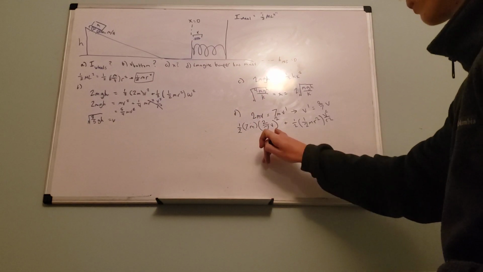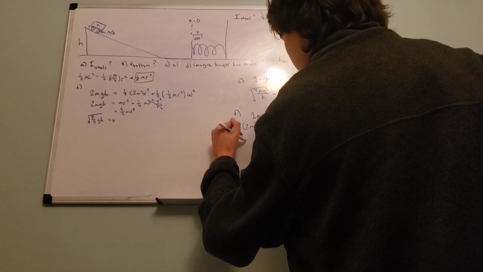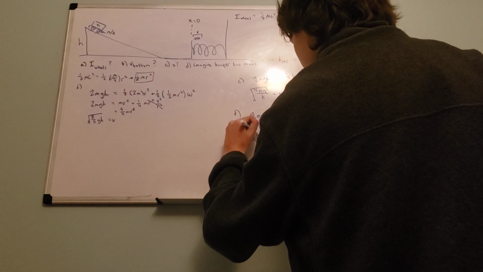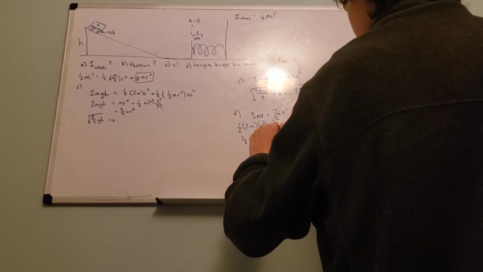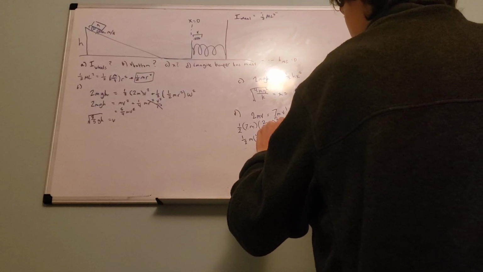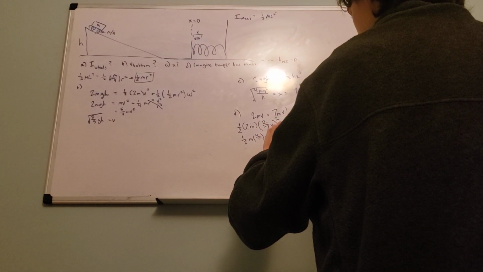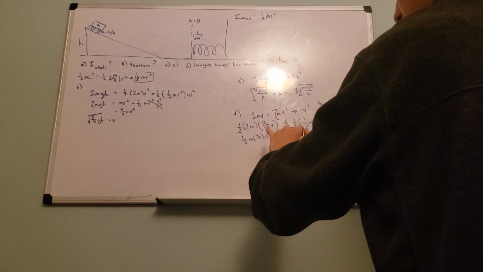This is going to go to 4/49, multiplied by 7. It's going to go to 4/7. And this is again going to go to 1/4 mv squared. So this comes out to 2/7.